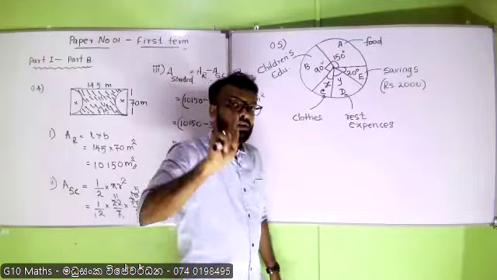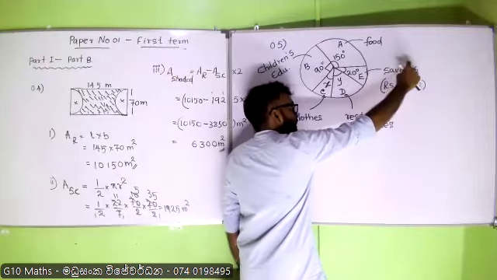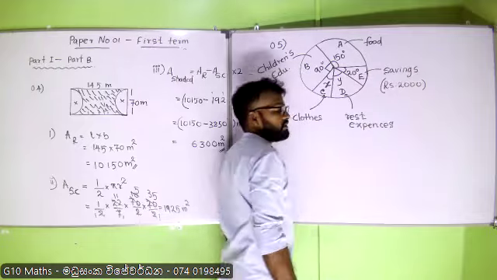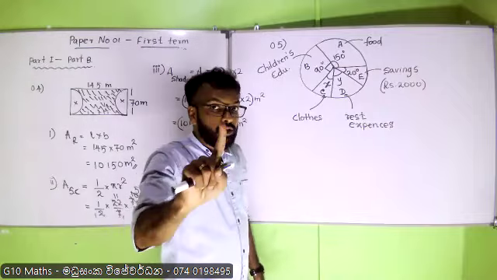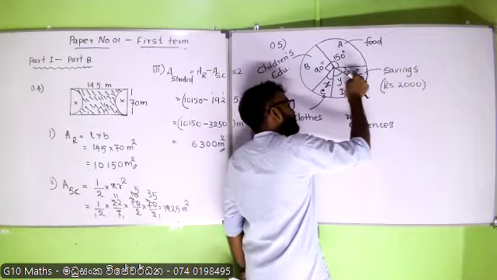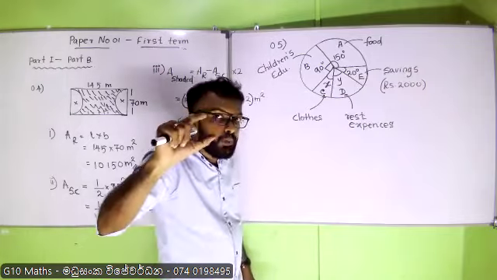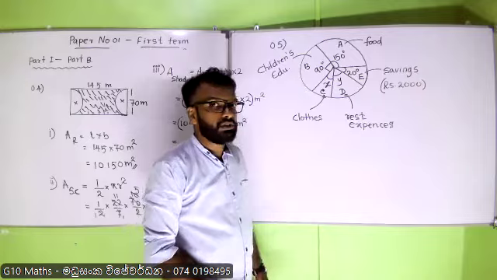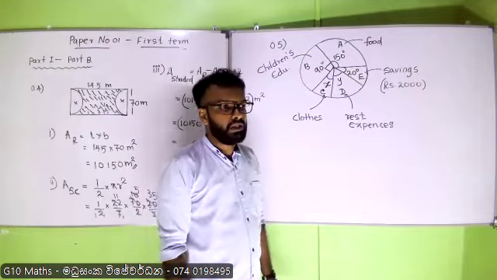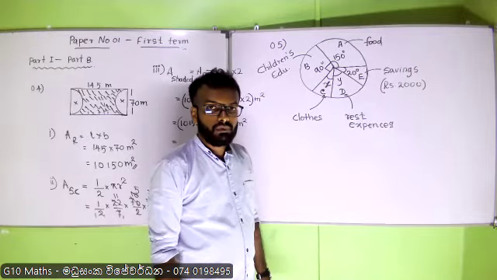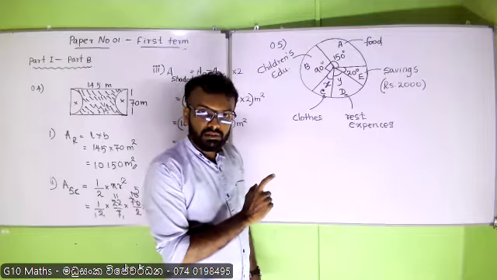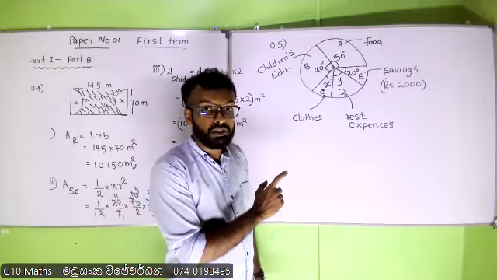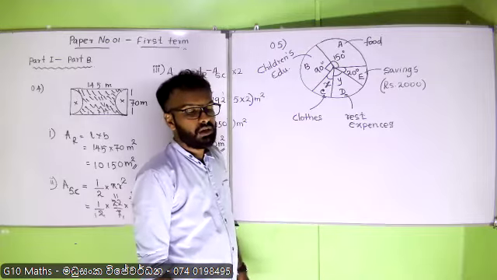From that salary, the savings is 2000 rupees, and that 2000 rupees refers to this small 20 degrees part. Very simply, 20 degrees of this pie chart represents 2000 rupees.